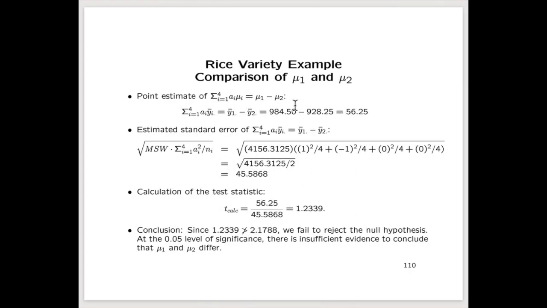Calculating the point estimate of mu1 minus mu2, that gives us a value of 56.25.